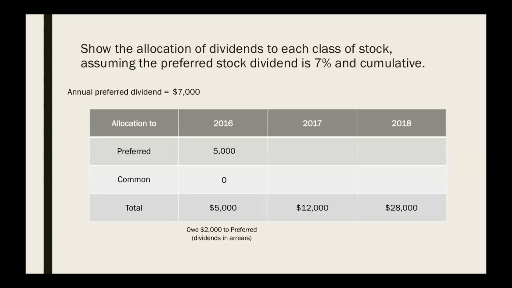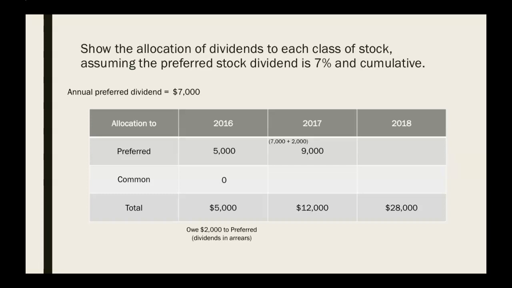So we take a look at 2017. In 2017, we declared a total of $12,000. So now we need to split up this $12,000 between preferred and common. Well, preferred are supposed to get $7,000 every year. And then they're also supposed to get that $2,000 that we owed them from the previous year. So we can pay them here $9,000.